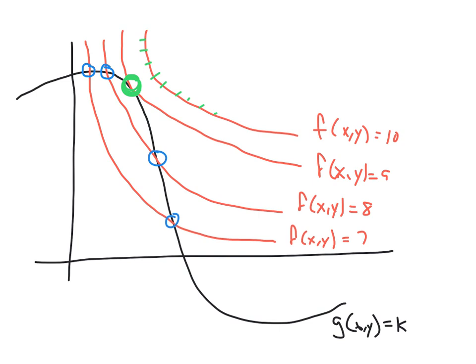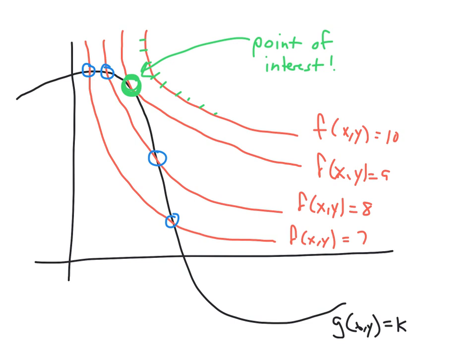And so what we see from this picture is that our point of interest is this point right here. This is the point that is going to maximize our function value with the constraint being on the curve g(x,y) = k. It's the largest function value of all those points.